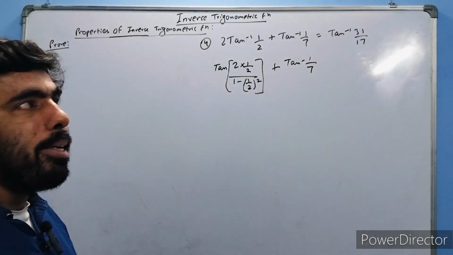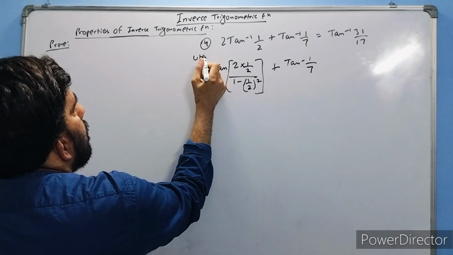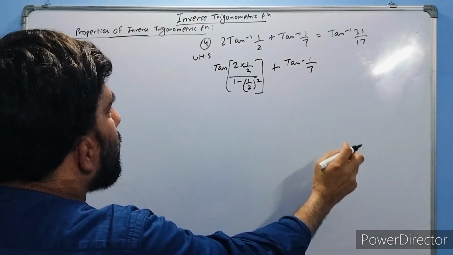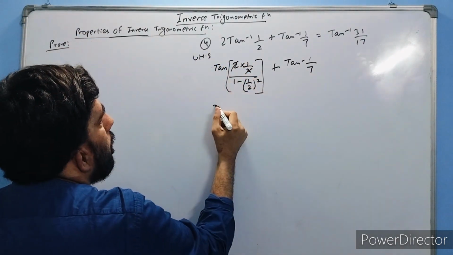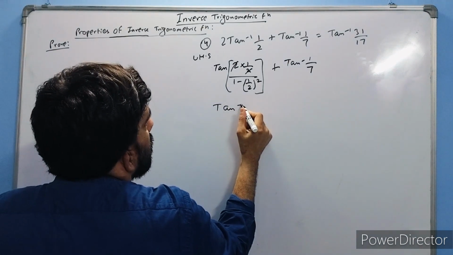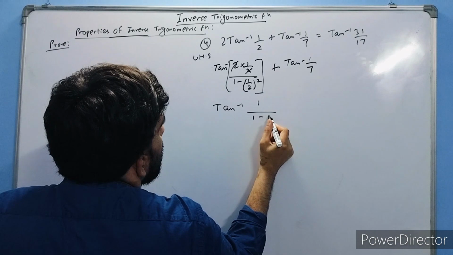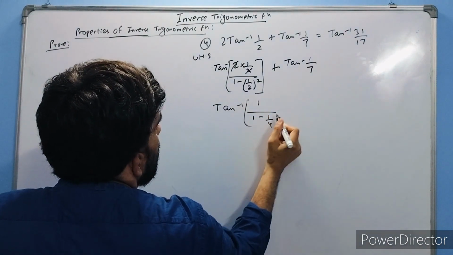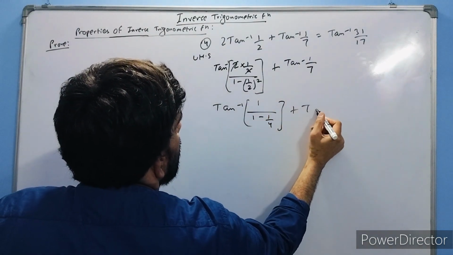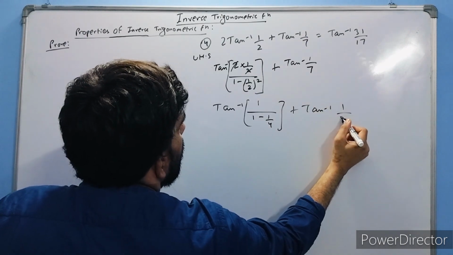Here we have taken the LHS. Now a very simple way: tan inverse of 1 upon 1 minus 1 upon 4, plus tan inverse 1 upon 7.